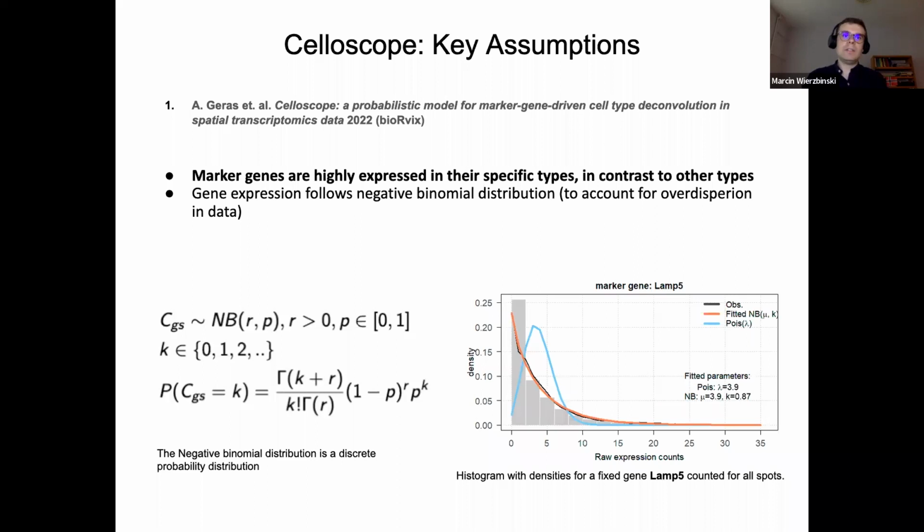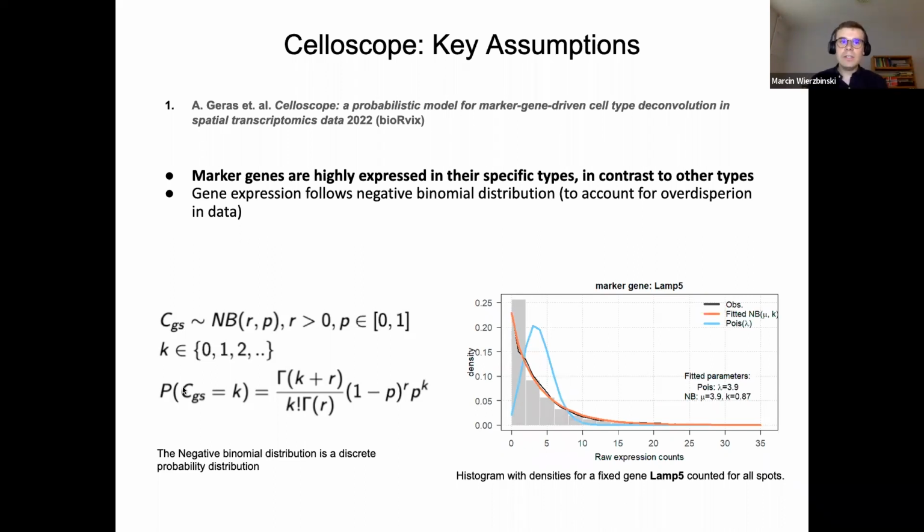For our data, we can assume that, for instance, in this panel we have a variable C_gs, which means the expression level of a gene g in a spot s, and this variable is modeled using a discrete probability distribution, the negative binomial distribution.